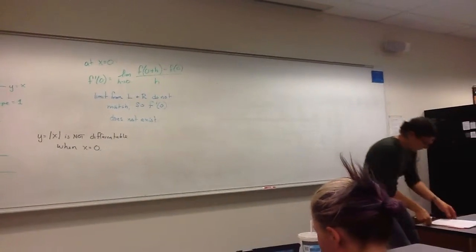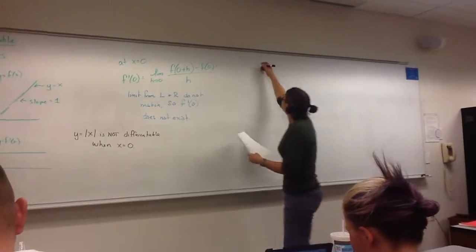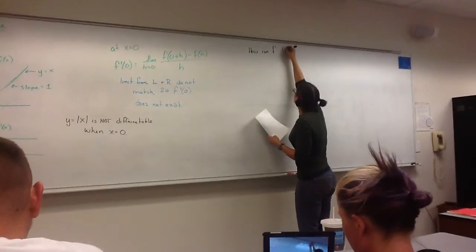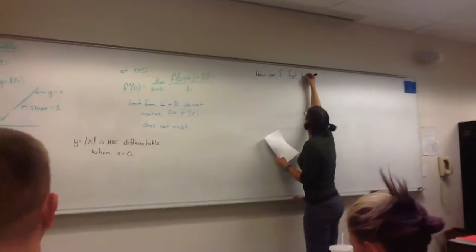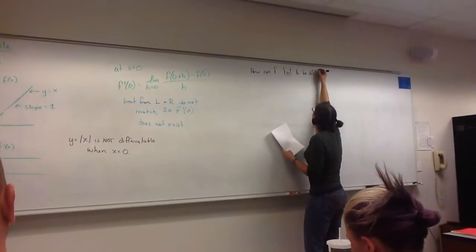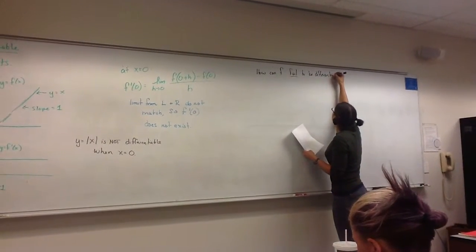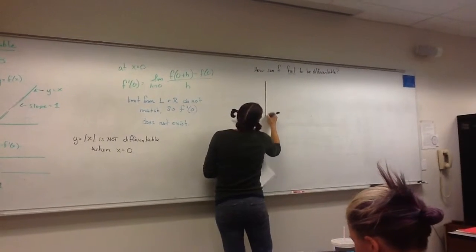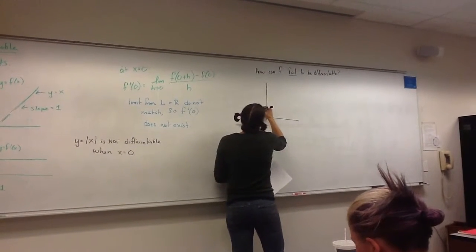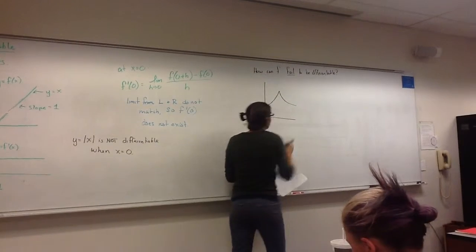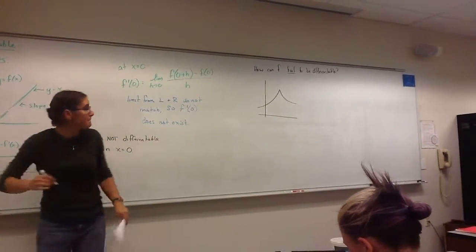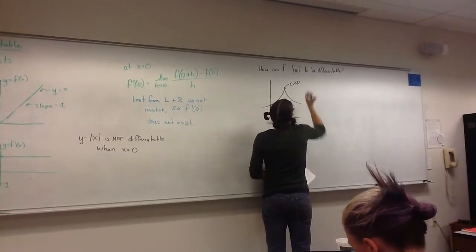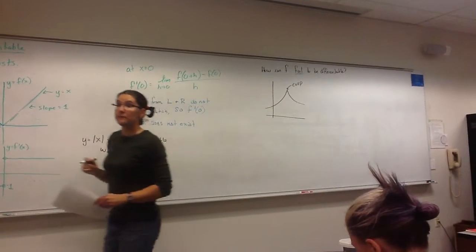So let's make that a little bit more precise. How can a function f fail to be differentiable? Well, a function f can fail to be differentiable if it has something pointy in it. So, for example, here, a function fails to be differentiable at the cusp.